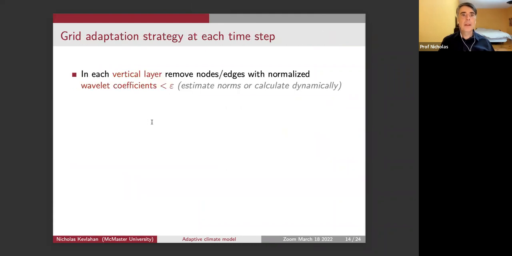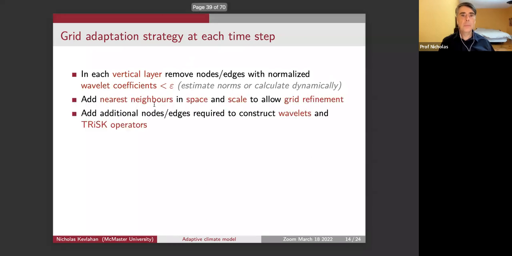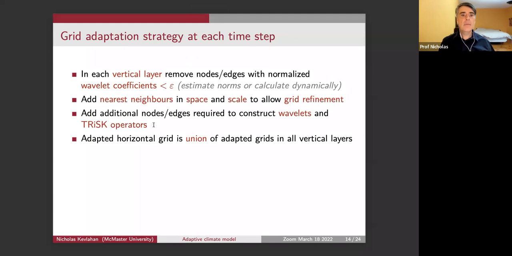And then the grid adaptation strategy is essentially what I said before, but you do it in each layer. So in each layer, you apply the adaptation algorithm, and then you just repeat this over all the layers. And the final grid is the union of the adapted grid over all layers. So in other words, it's in columns.